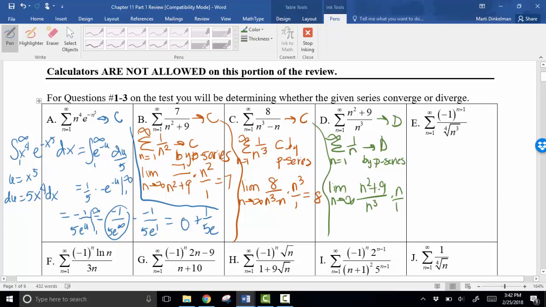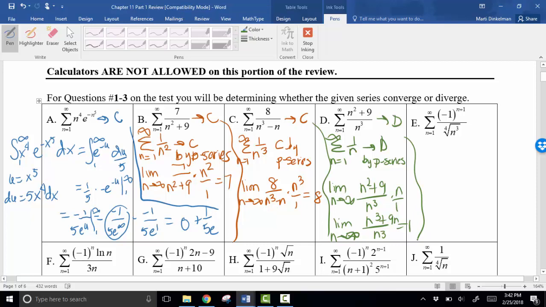So we're going to get an n cubed plus a 9n here. I'll go ahead and write that one out since I have some space here. n cubed plus 9n over n cubed, which is 1. Again, as long as we get a number here, we know that they both act the same.